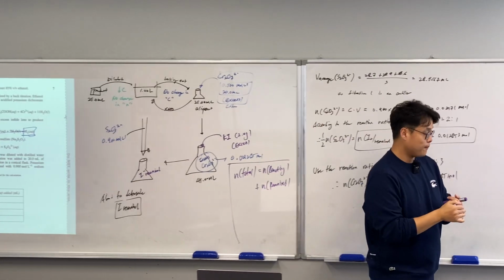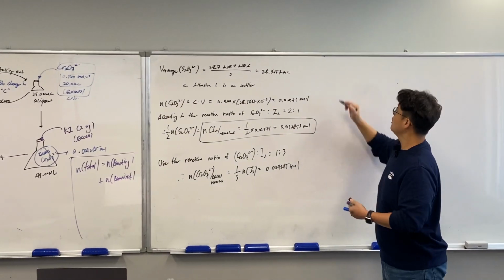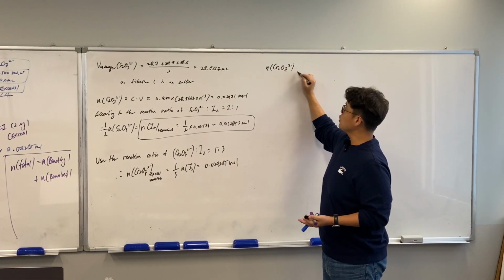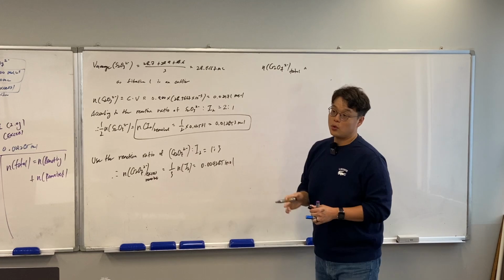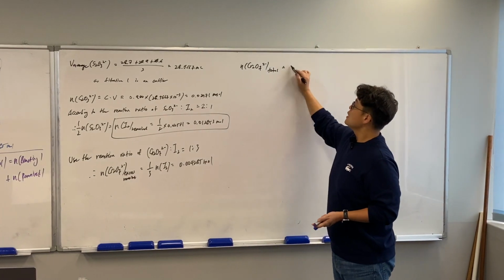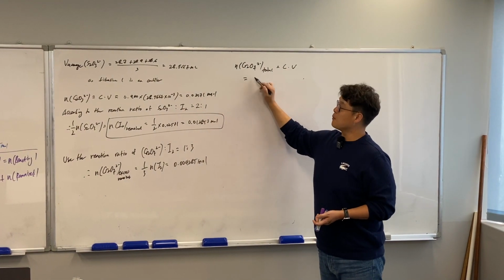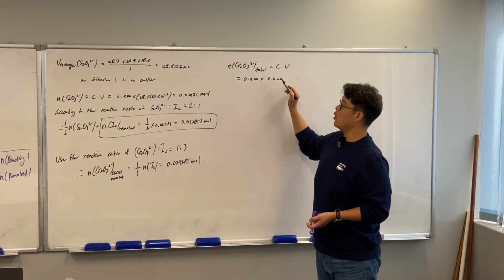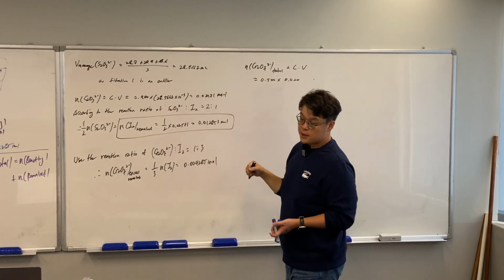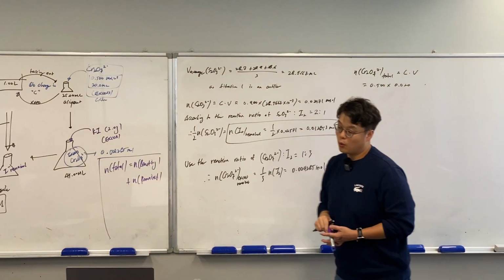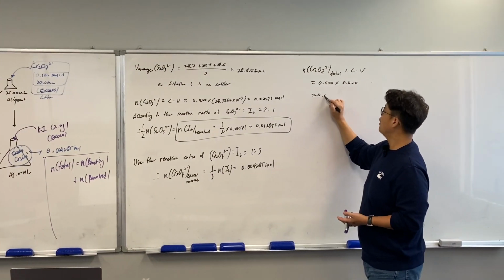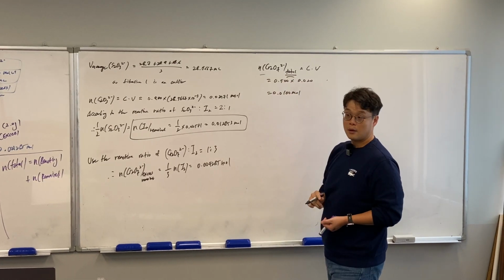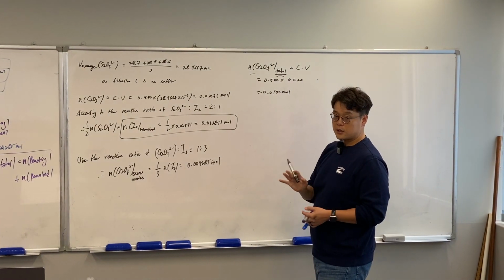So from here, we have to do this. n of the dichromate initial, or the total amount of the dichromate you're given, is CV here again. That'll be 0.500 times 20 mL, 0.020 given. That's giving you 0.01 mole. That's the total you're given. Okay, so you've got to understand the point over here.